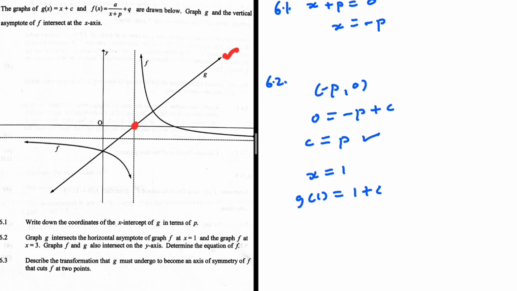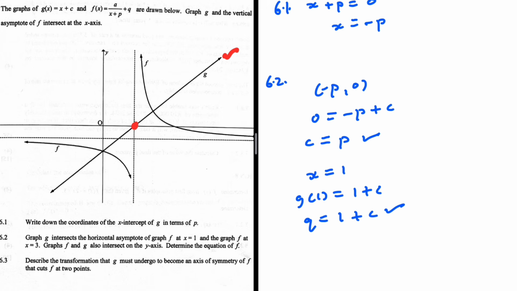So what does that tell us? That tells us that q, which is the horizontal asymptote, is at y equals 1 plus c. So q equals 1 plus c. We've come up with that using the fact that g intersects the horizontal asymptote of graph f at x equals 1. So we've used that piece of information.